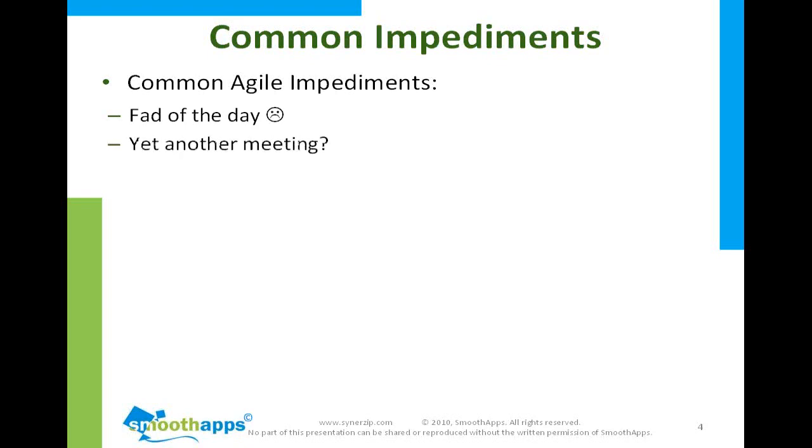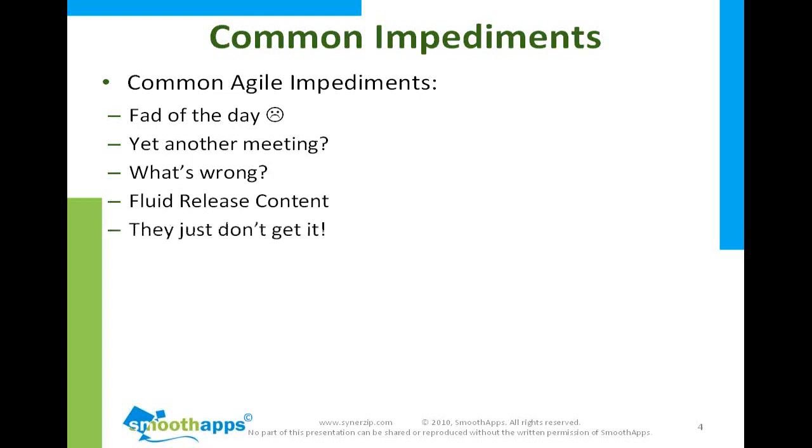People sometimes are upset: what do you mean, you want me to attend another meeting every day? They don't like the daily stand-up. The key question is, what exactly is wrong with what we are doing now? Why do we need to change? Some people have challenges dealing with the fluid release content, because you can't really tell your sales force on day 1 of the release what exactly is coming out 9 months down the line, or X months down the line. And finally, those who are skeptical just throw up their hands and say, well, these guys just don't get it.